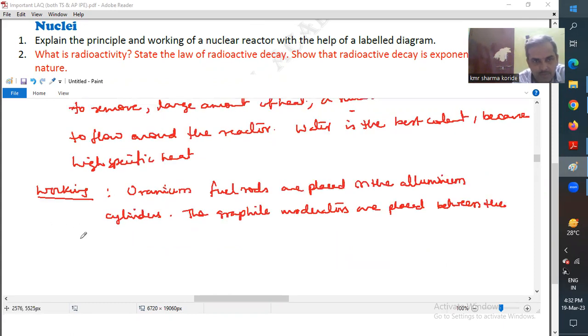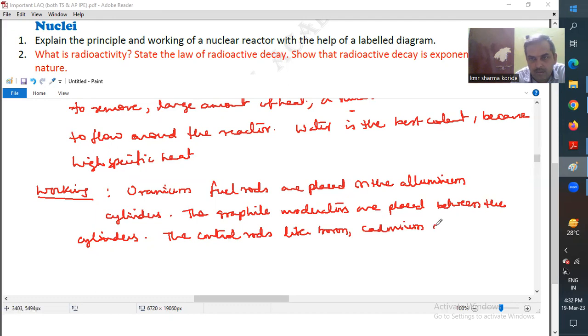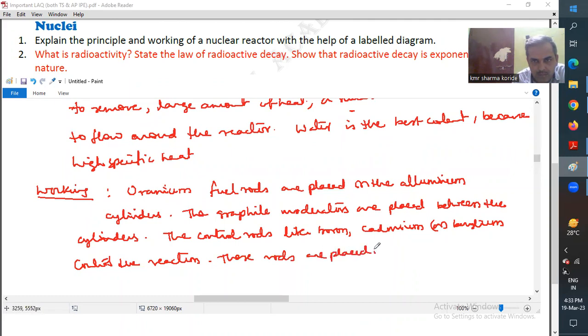Look at the diagram from time to time. The control rods like boron, cadmium, or beryllium control the reaction, and these rods are placed in the holes of graphite blocks.